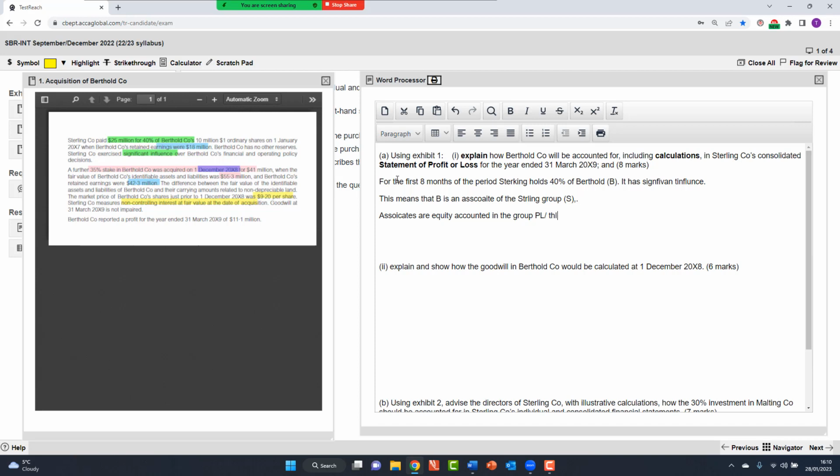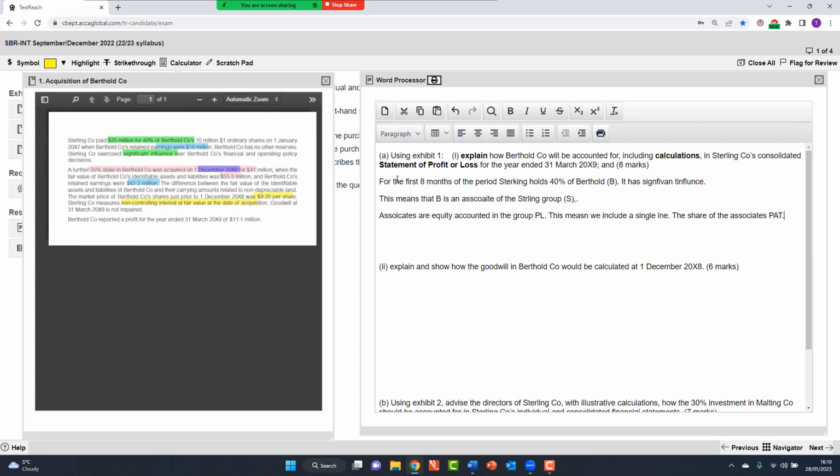This means, well, what does it mean? What does equity accounting mean? It means a single line. This means we include a single line, the share of the associate's profit after tax, and I think we can use that abbreviation.